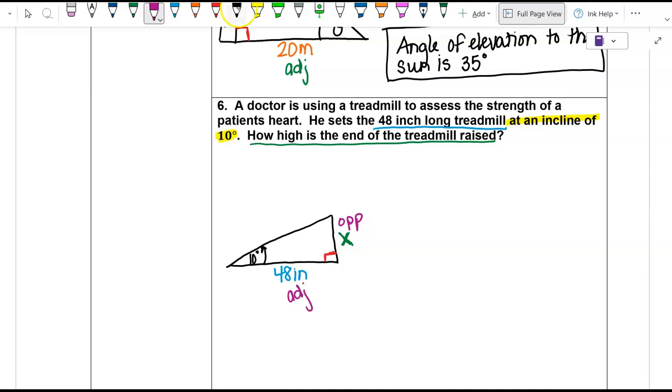Adjacent, which once again means we're dealing with our tangent of theta equaling opposite over adjacent. But now I know theta this time, so the tangent of 10 degrees is going to equal X over 48.